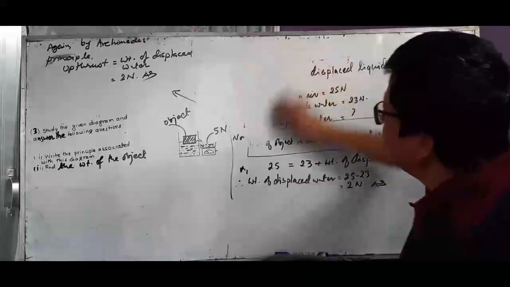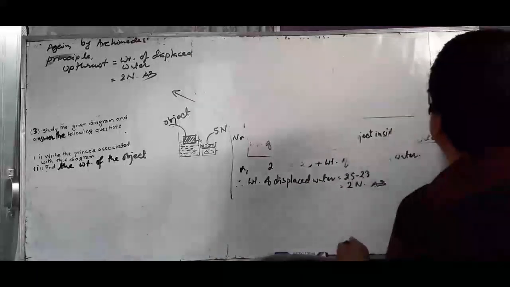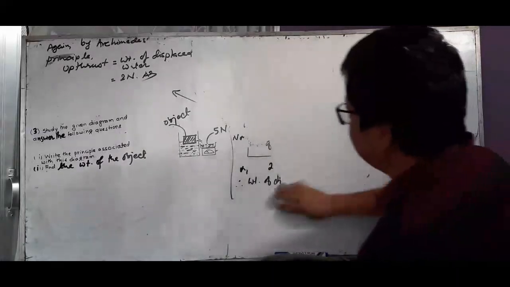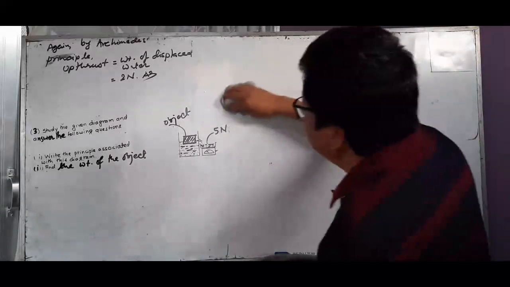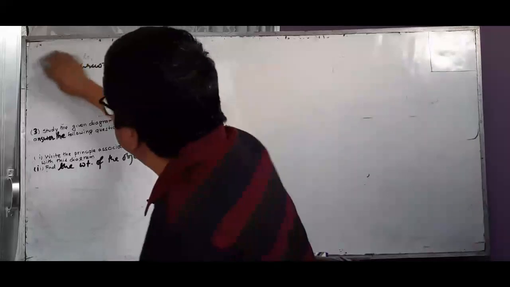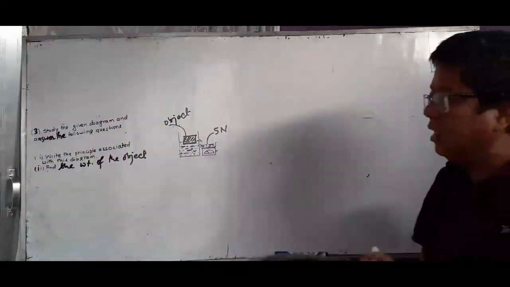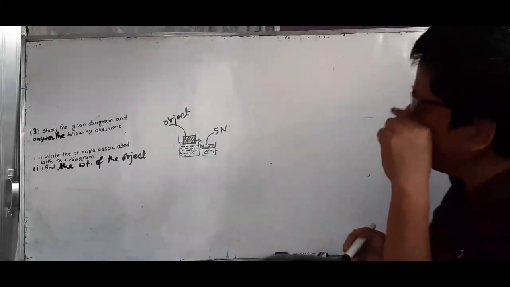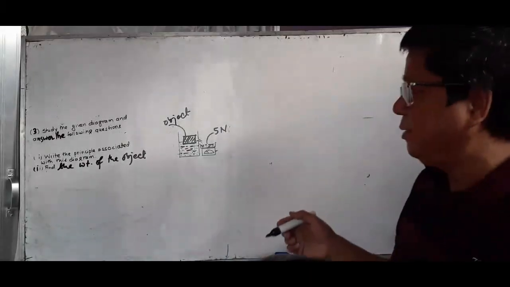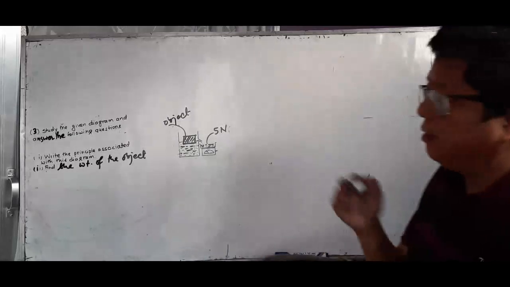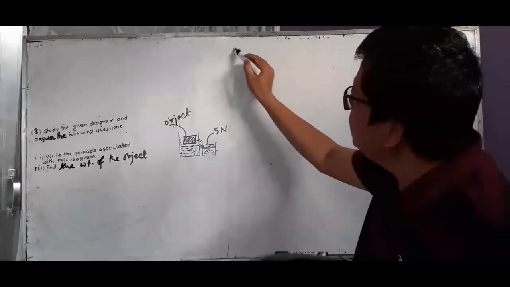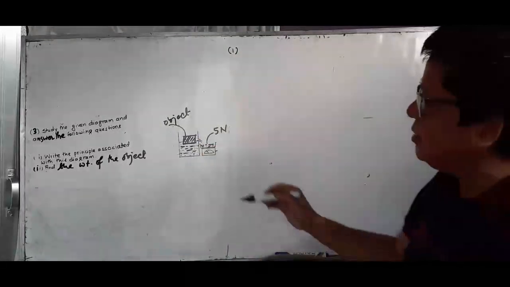In this diagram, the object is floating in the liquid. The object that floats in the liquid displaces liquid equal to its own weight, which is called the law of flotation.